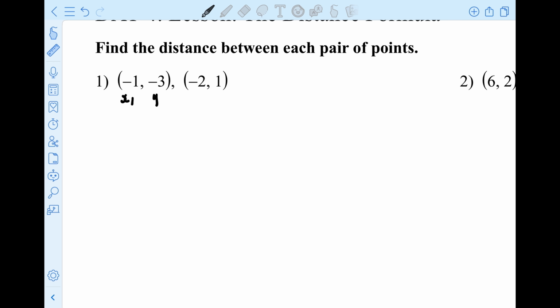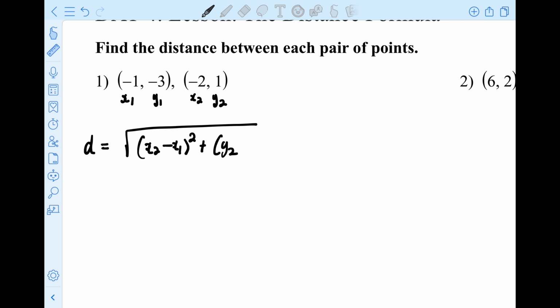X1, Y1, X2, Y2, right? The next part of what I would say is best practice is to write your formula. Distance, D, is equal to the square root of x2 minus x1 squared plus y2 minus y1 squared.